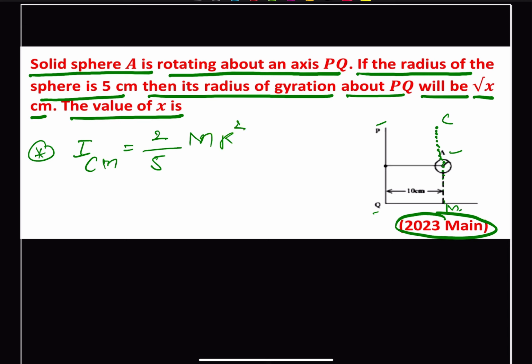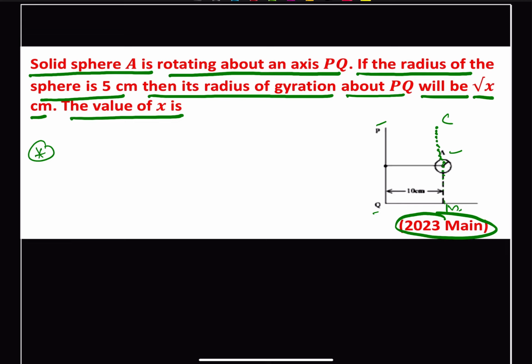And then we are going to use the parallel axis theorem and find out the moment of inertia about axis PQ. Let me write it first.